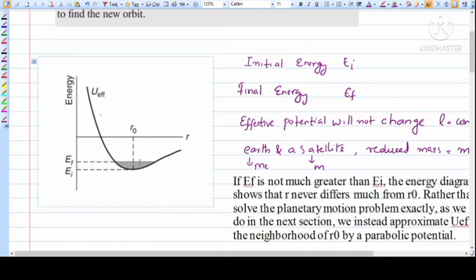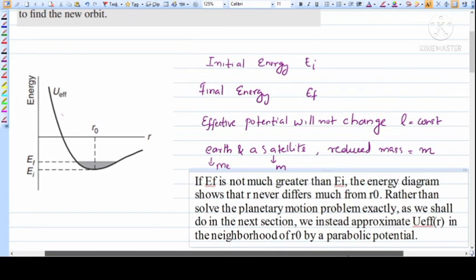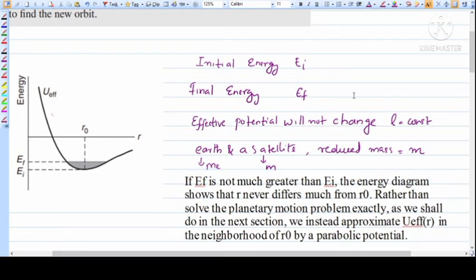Since the mass of Earth, me, is much greater than the mass of the satellite, m, when you calculate the reduced mass you will get approximately m, because me is very much greater than m.